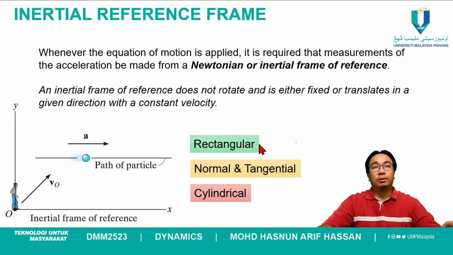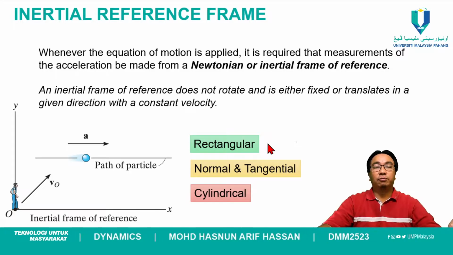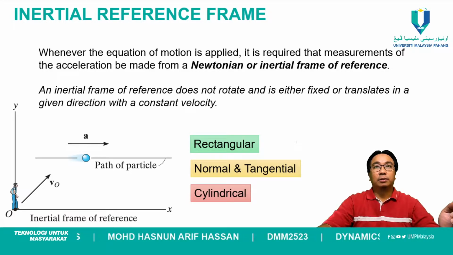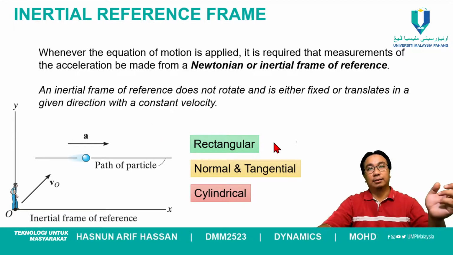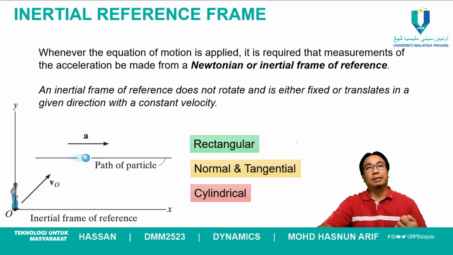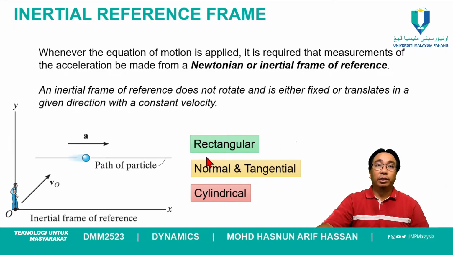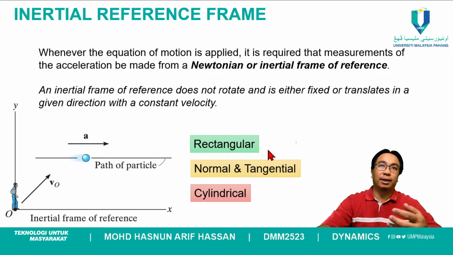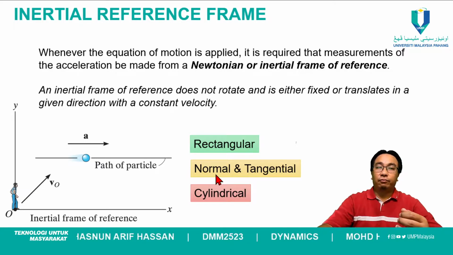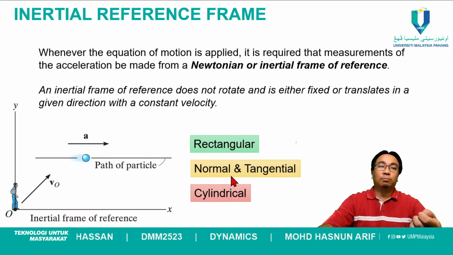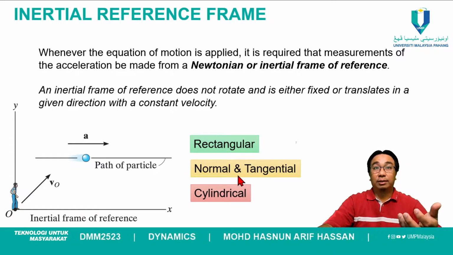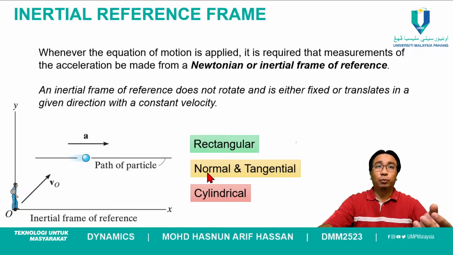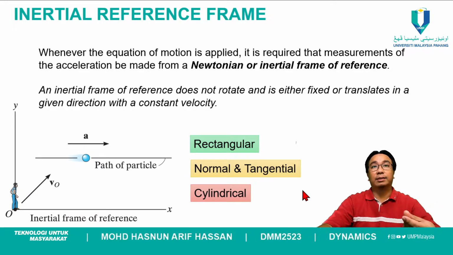If the motion involves rectilinear motion, which is where the path of the motion is a straight line, we will use rectangular coordinate, the usual XYZ coordinate. If we have curvilinear motion, like what we are going to discuss today, we are going to use normal and tangential coordinate.